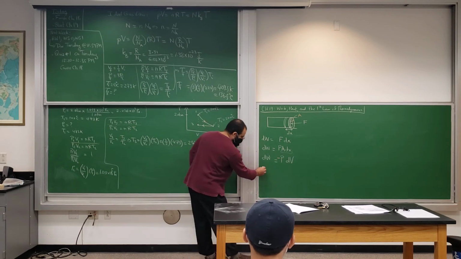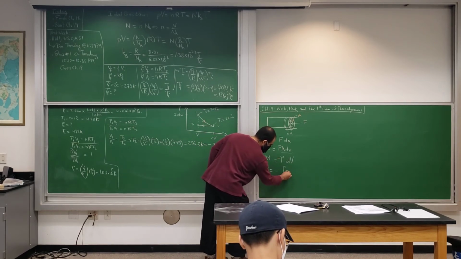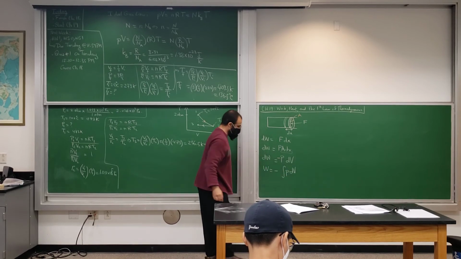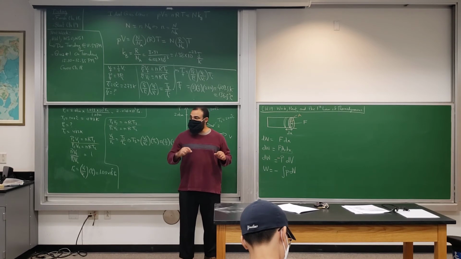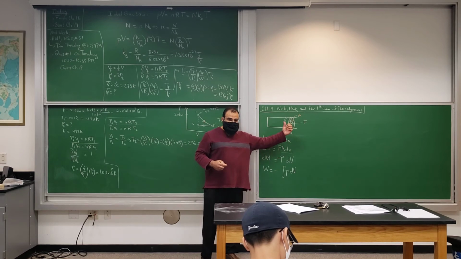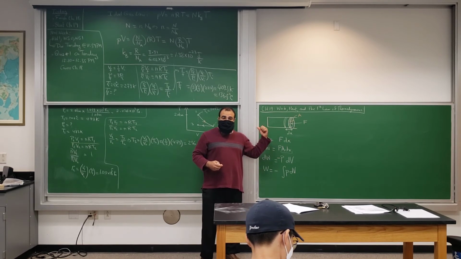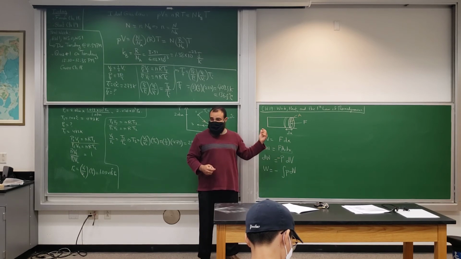And so the total work done would be negative P dV. This is the work done on the gas. The work done by the gas: see, the gas is pushing you, and you're compressing it. So the work done by the gas, if it's getting compressed, is negative.